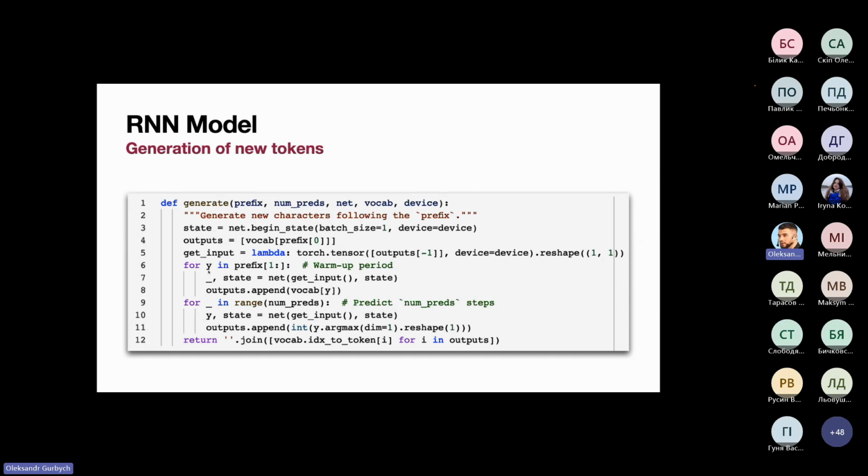And then we generate the symbols. We append to outputs the indexes of letters from our vocabulary, and then we transform them to tokens. These outputs are indexes, and we take the appropriate tokens by indexes from our vocabulary. So we return a word.